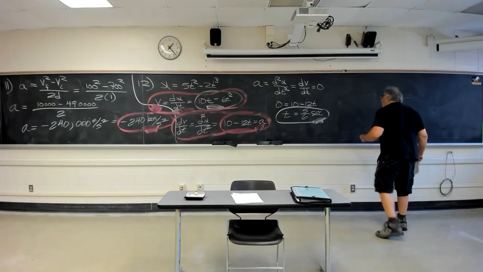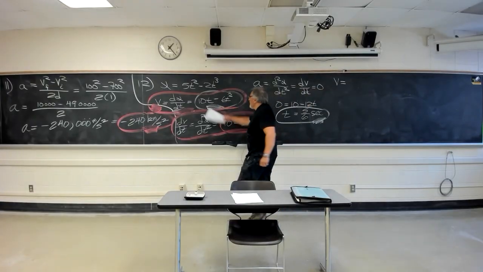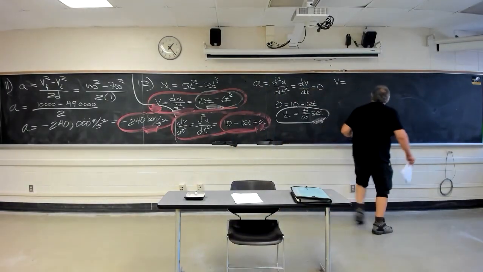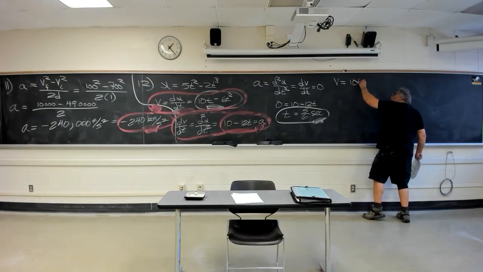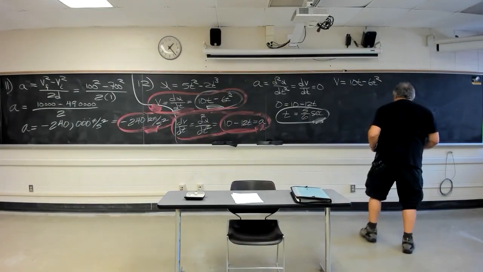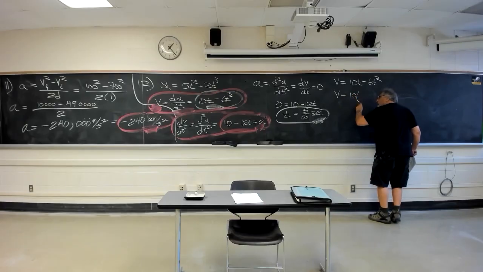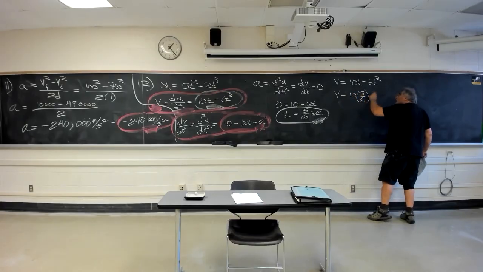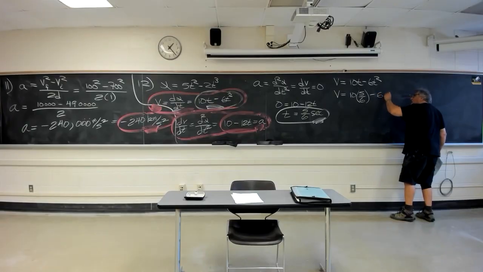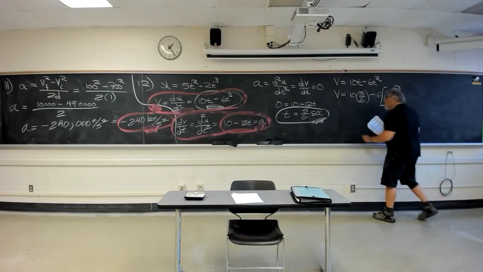So okay, great. Well, what is the equation for the v function? The v function is 10t minus 6t squared. Let me just make sure. Yeah, 10t minus 6t squared. Let's go. v is 10 times 5/6, minus 6 times the quantity 5/6 squared. It's a lot of movement here, guys.